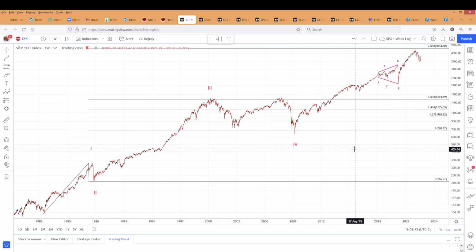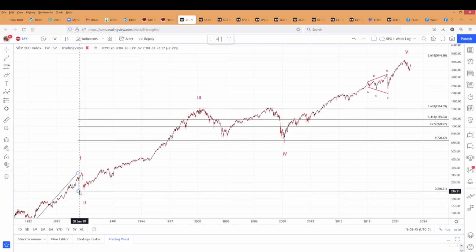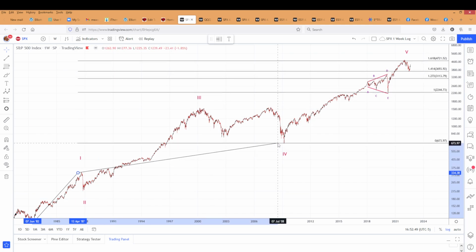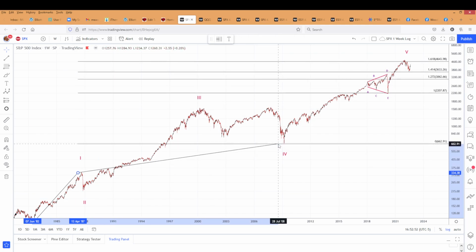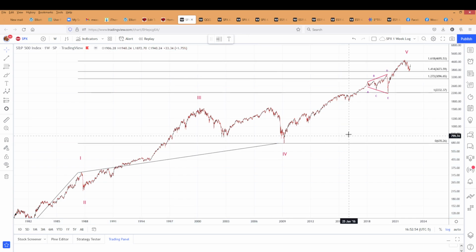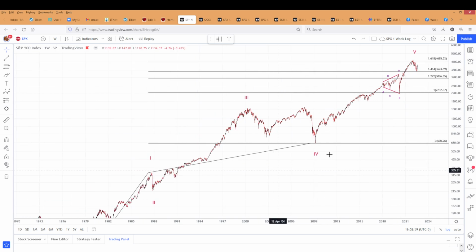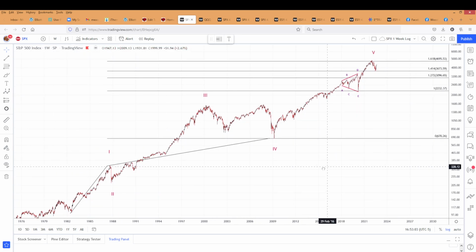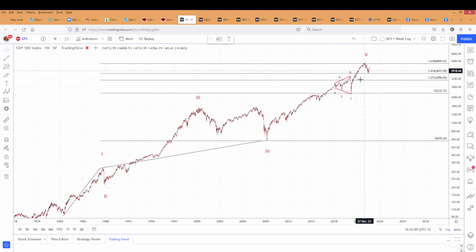Let's see how 5 relates to wave 1, and we can move this up here, and we have perfection. Okay, so 5 overshot. I may be off by a little bit there, but you can see this is how 5 equates, if you will, to wave 1, and it's perfect.